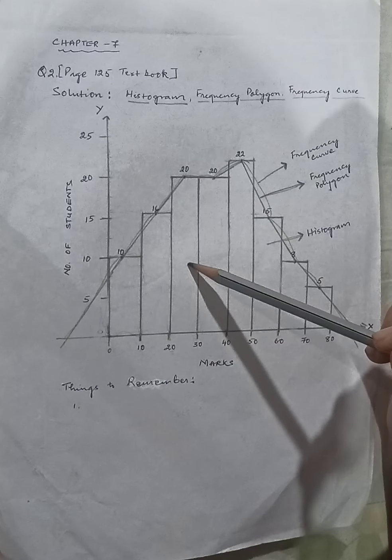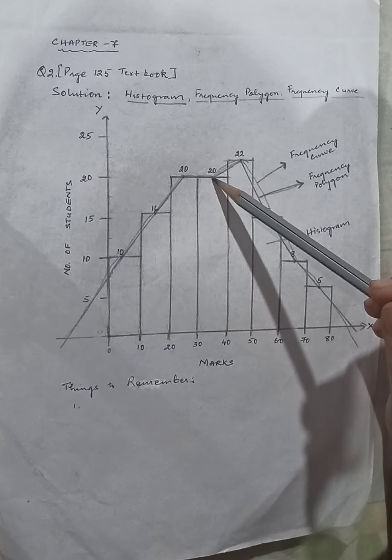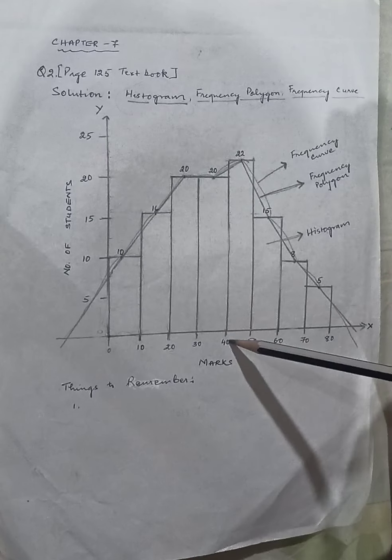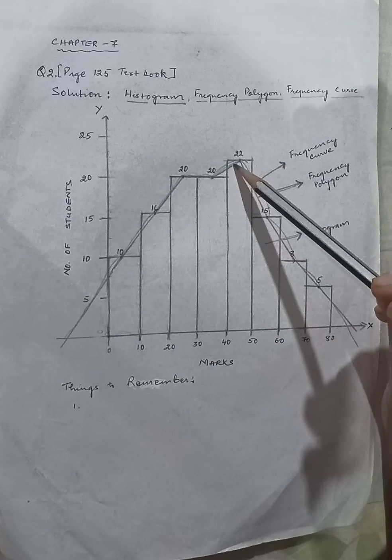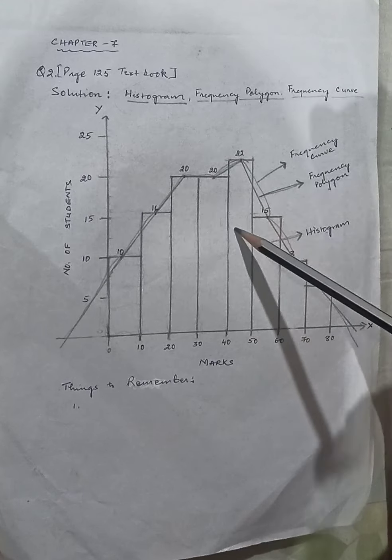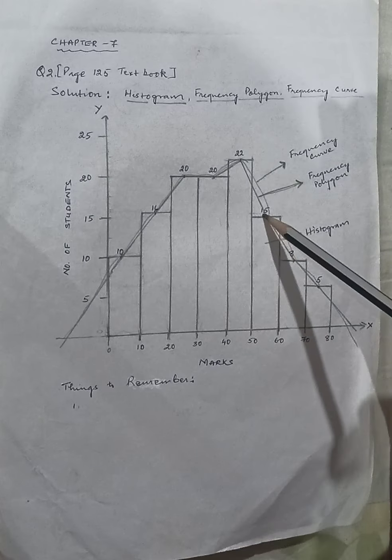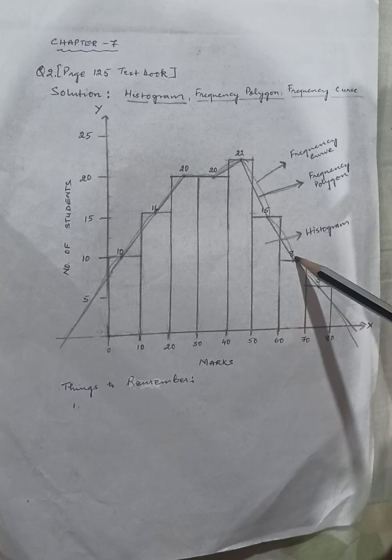Similarly, another rectangle for 30 to 40 with frequency 20. And 40 to 50, like that we draw a rectangle attached to the previous one. And 50 to 60, again the frequency is 15.